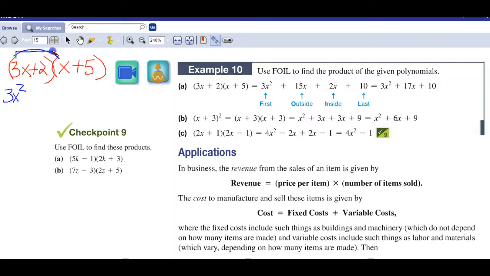Now you have your outers, which is a 15x, and your inners, which is a 2x, and that you can mentally add those together and get 17x. And then you have your last, which is a plus 10. And we did that well. We copied it correctly. Now a modification of this is this one.